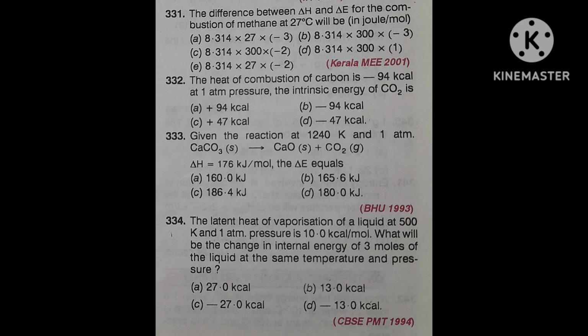How? Now I am telling you. Delta E actually is equal to delta H. Then how will delta E be calculated? Delta E, now you have to calculate ECO2, energy of CO2, minus the energy of the reactants, carbon and oxygen, C plus O2.